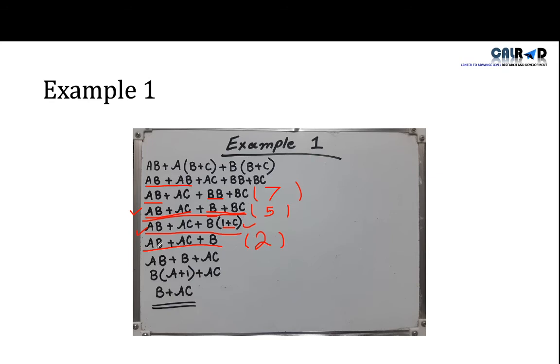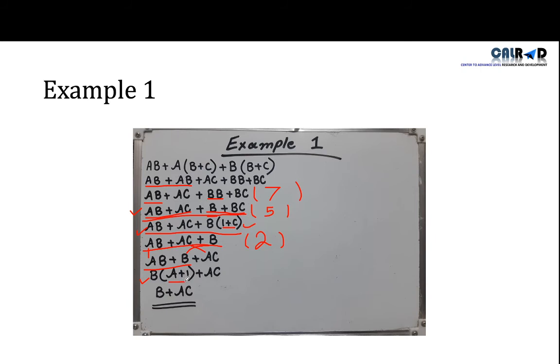Now we will do the next step, that is, further simplify our AB plus AC plus B. How can we simplify? We can arrange this equation. We have A into B here, we put the B here and we put the AC here. Why? Because now we can take B common. We take B common and the remaining inside is A plus 1.